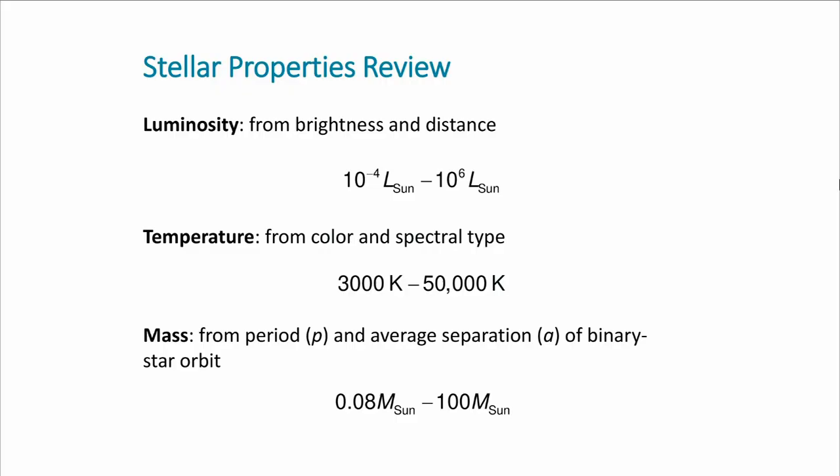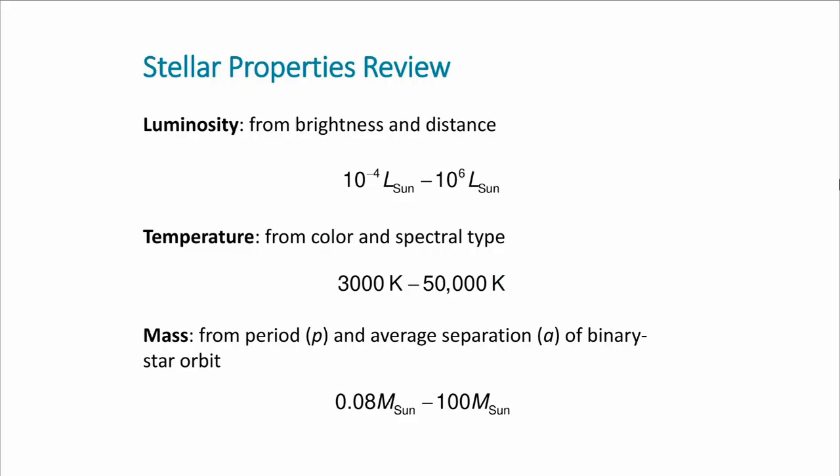Or on the high end, you can be 10 to the 6 times the luminosity of the sun, or 1,000,000 times more luminous than the sun. The temperature is going from 3,000 to 50,000 Kelvin, and the mass is going from 0.08 solar masses to 100 solar masses.